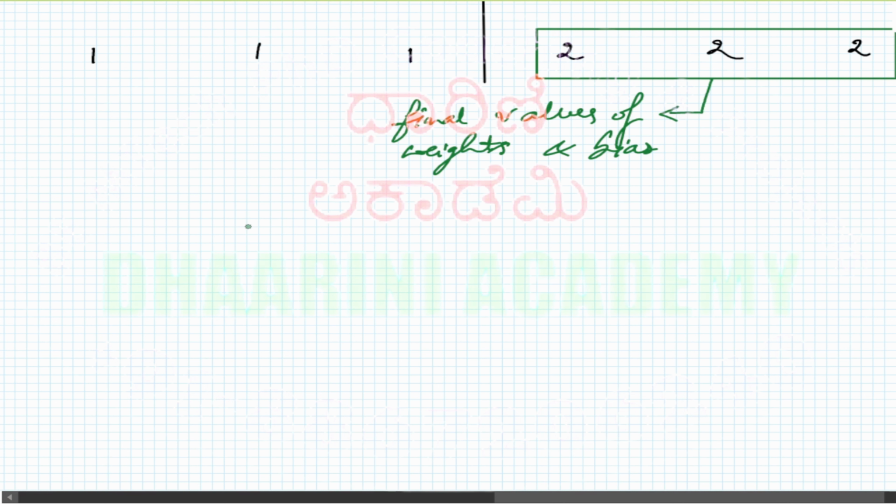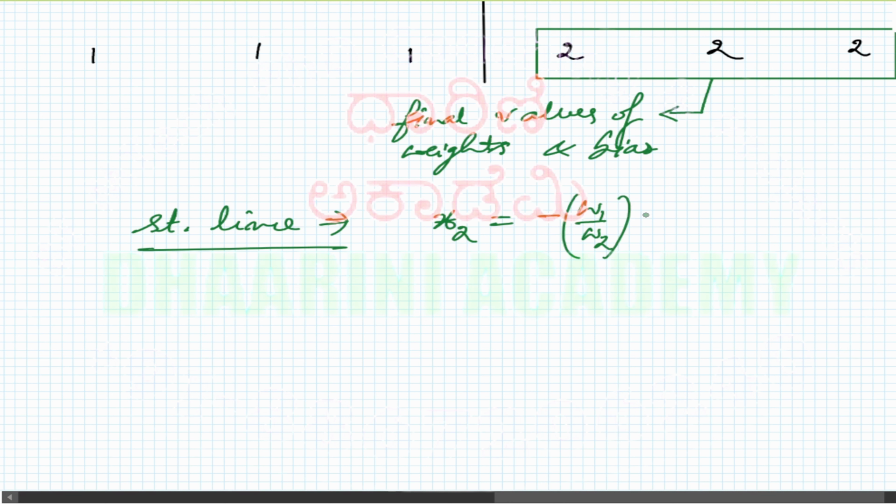It's a linear classifier. So the straight line, according to the Hebbian learning rule, is denoted as x2 is equal to minus w1 by w2 times the first input x1, minus b over w2, if I'm right. Can you check this equation once?